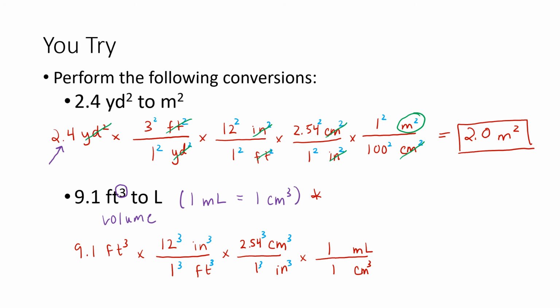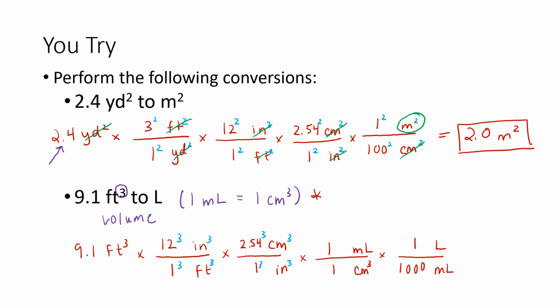So now we're in units of milliliters and we're trying to go to liters. So milliliters will be on the bottom, liters on the top, and now we're just going from a prefixed unit to a base unit. 1 liter is bigger, and there will be 1,000 milliliters in 1 liter.